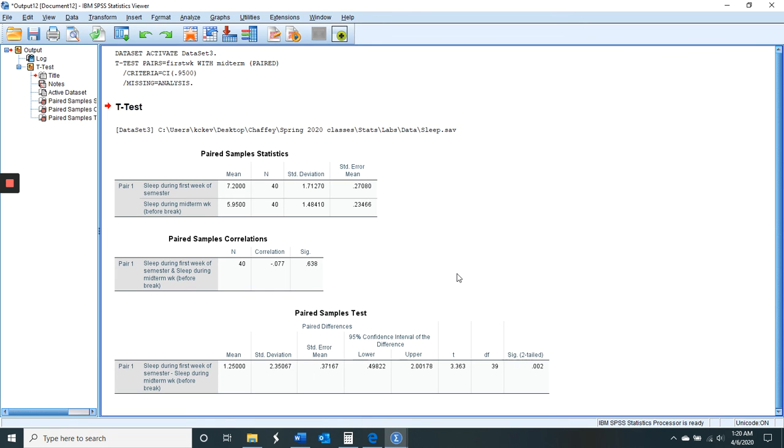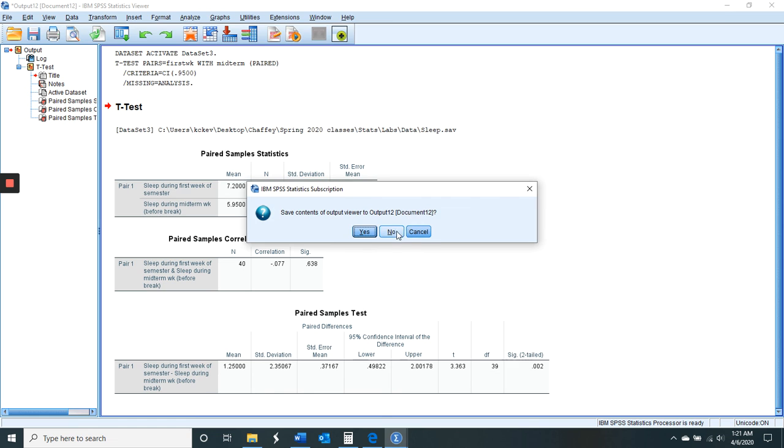And right here, we have first week of the semester, midterm. You have your means and standard deviations up here. And then you have your t-test information down here. And it's up to you to interpret those things.